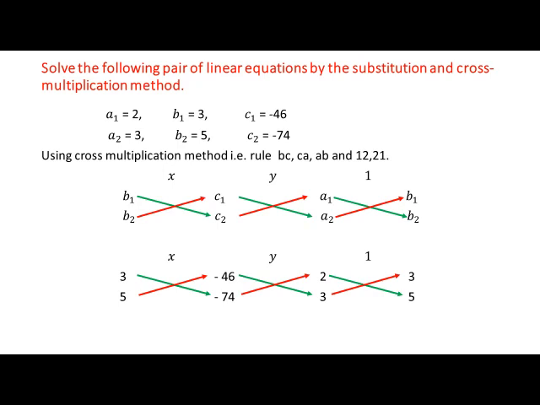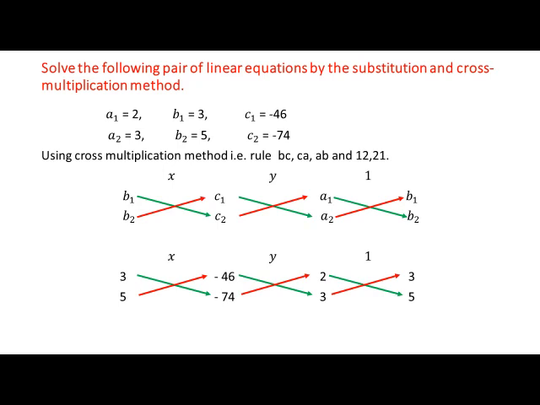Now I have replaced the values of B1, B2, C1, C2 and A1, A2 by the actual values: B1 is 3, B2 is 5, C1 is minus 46, C2 is minus 74, A1 is 2, A2 is 3, B1 is 3 and B2 is 5.